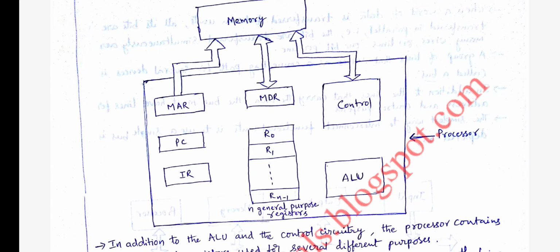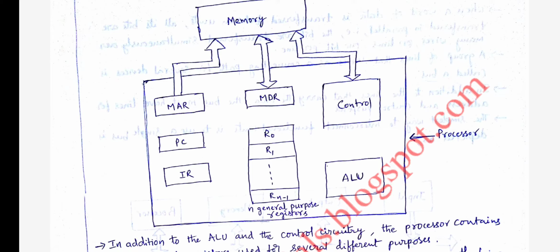N is based upon the number of registers which we have, we start with 0 to n-1, and ALU, arithmetic logic unit. The entire thing we call the processor. Here we need to discuss how the communication is done between this processor and memory.